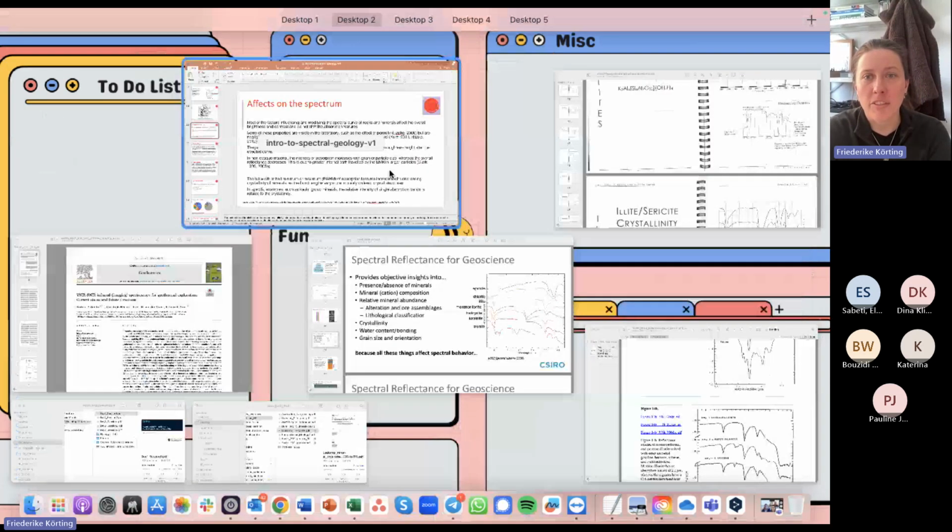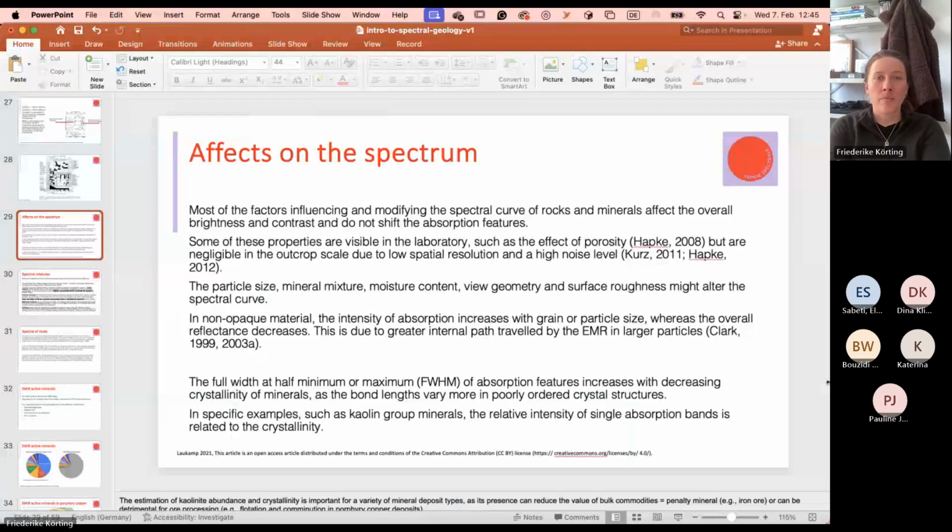We definitely have some effects of porosity that we see in the spectrum. We have effects of particle size that will affect how much the scattering will actually affect our spectrum. And with scattering, we have different features that are caused by volume scattering or particle scattering.